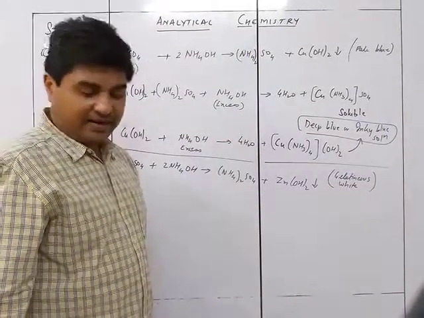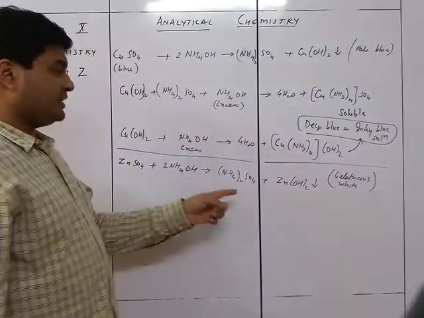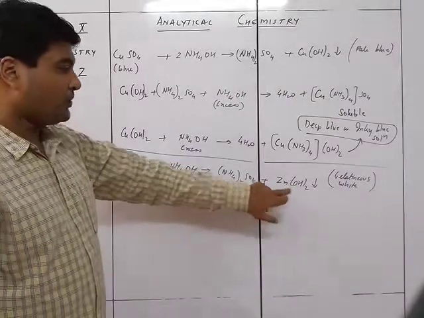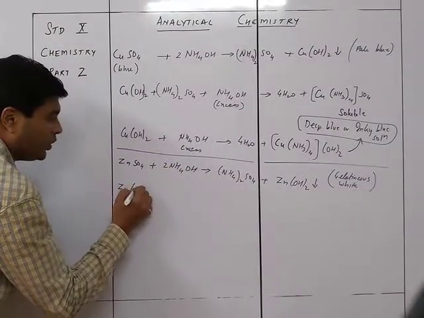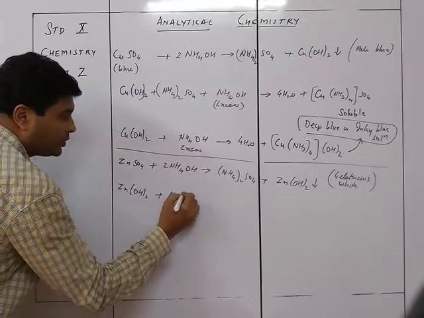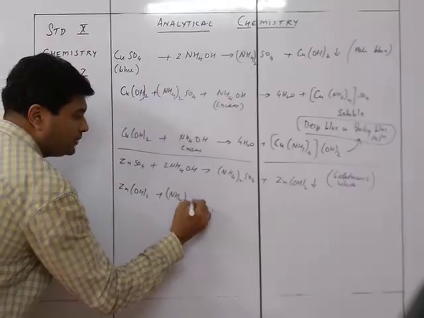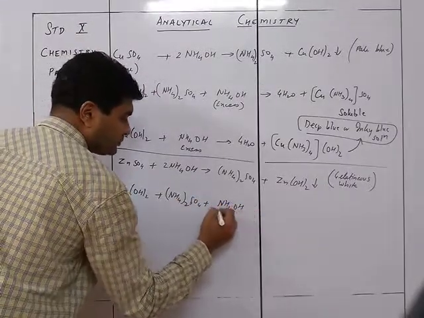Now when I take it in excess, again we are going to have the same kind of reaction over here. We are having both the reactions, with this also or without this also. So we have the first equation as Zn(OH)2 plus (NH4)2SO4 plus excess of NH4OH.